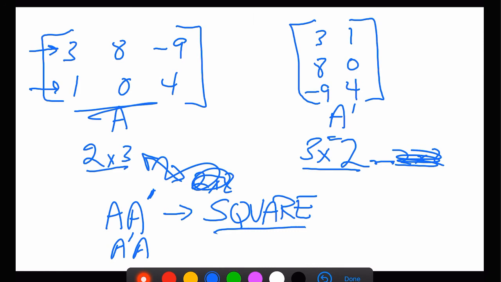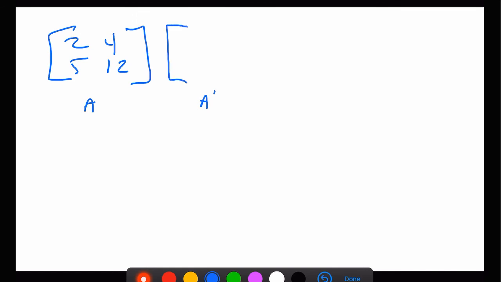And it turns out that the sum of a matrix and its transpose works nicely if A is square to start with. So if I have again 2, 4, 5, 12, that's A. And I take the transpose of A, what do I get? Well, the first row becomes the first column.